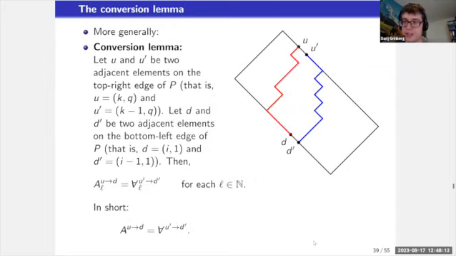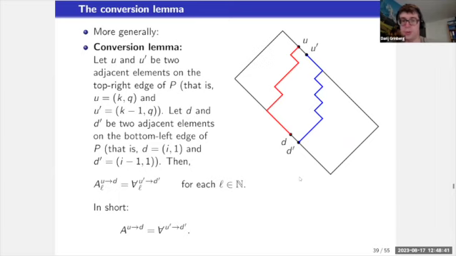And in fact, more generally, if you have this kind of configuration where you have two adjacent points U and U prime on the top right edge, and two adjacent elements D and D prime on the bottom left edge, then the sum of the A products over all lattice paths from U to D is the sum of the B products over all lattice paths from U prime to D prime.